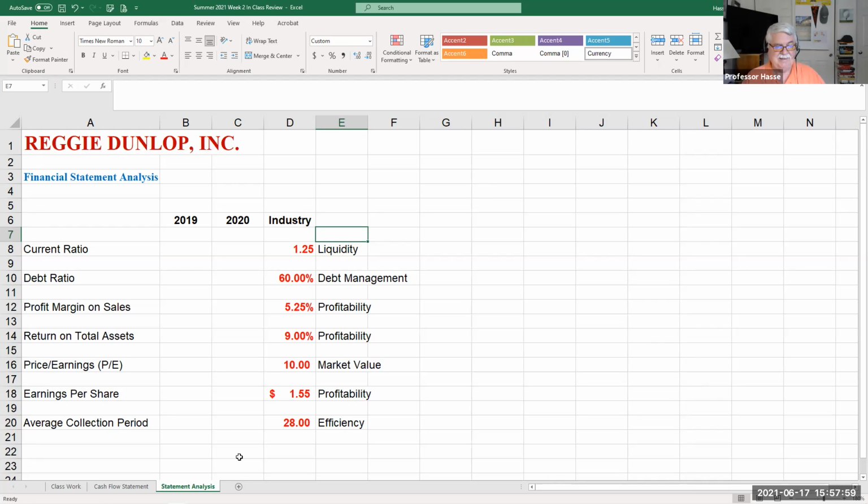Remember, we have an assignment next week that's due Sunday, June 27th. It'll be posted on Monday, June 21st. And that assignment will encompass chapters 1 through 4. It'll be a combination of multiple choice, fill in the blank, and some work problems. And one work problem will be to review a financial statement and find these key things.